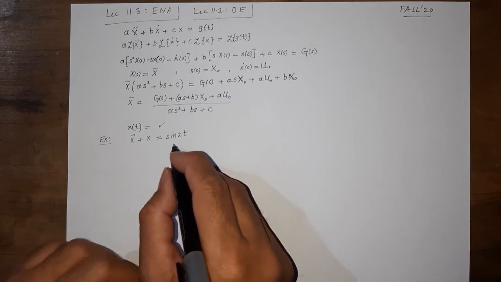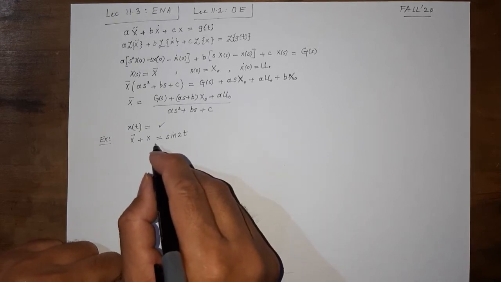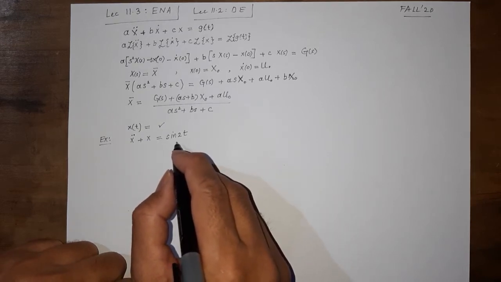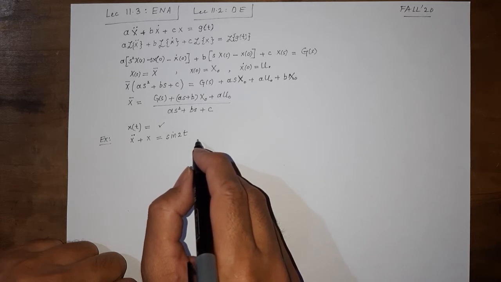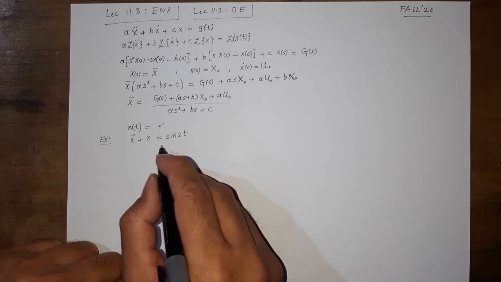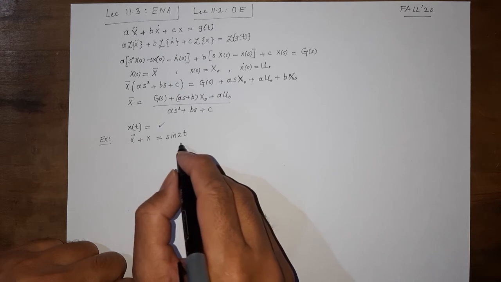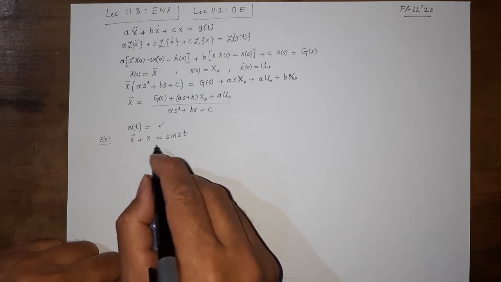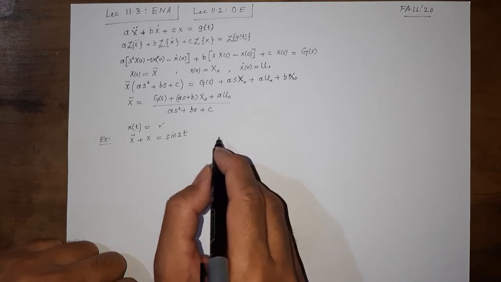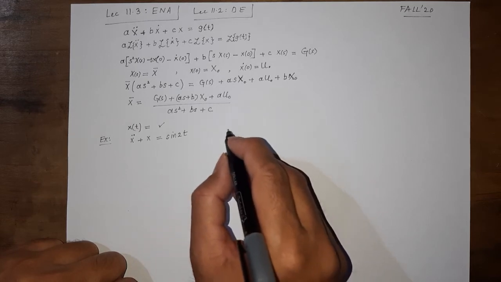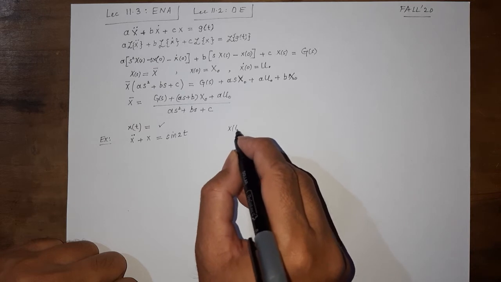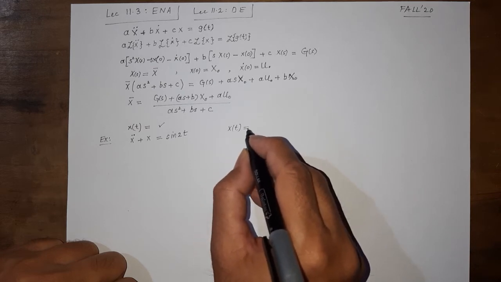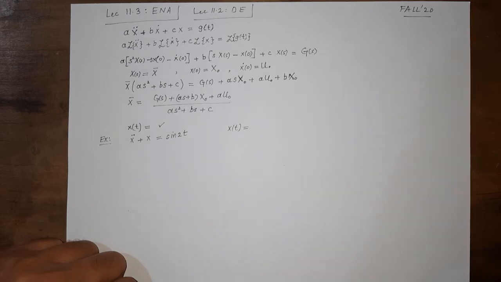Now the students of differential equation course must try to first solve this using the technique they already know, and then use Laplace transform to solve it, that I'm going to solve now.